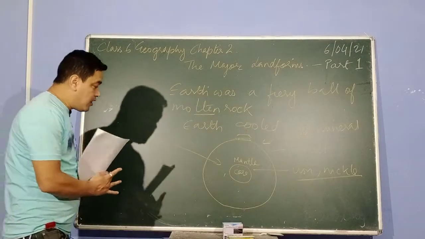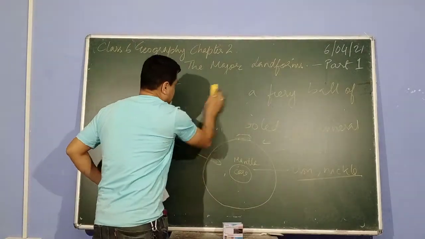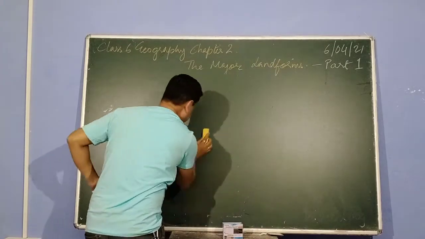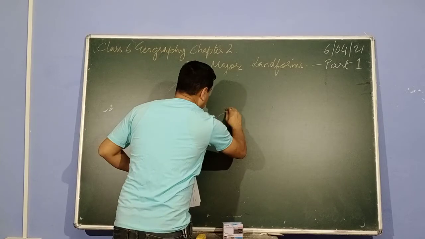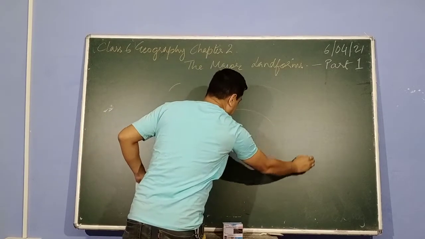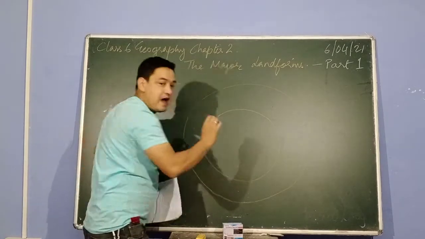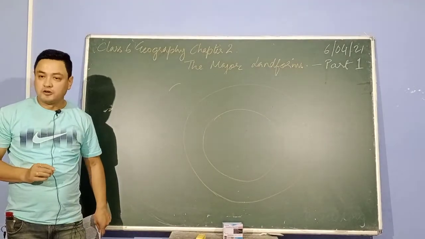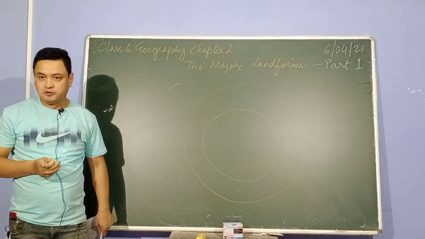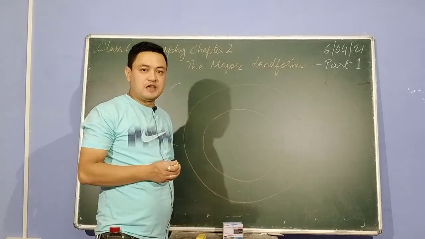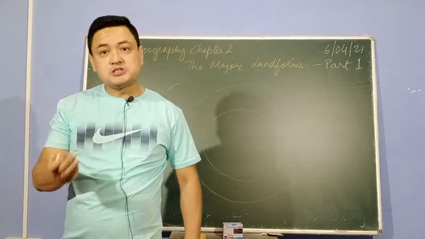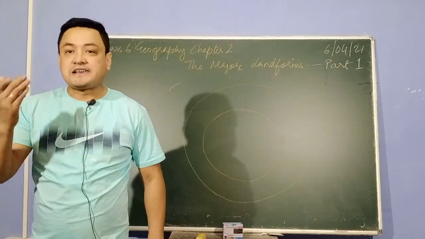Now, if you look at this earth, our earth is surrounded by atmosphere. This atmospheric layer you will study in class 7. They are called troposphere, stratosphere, mesosphere, thermosphere, as well as exosphere.